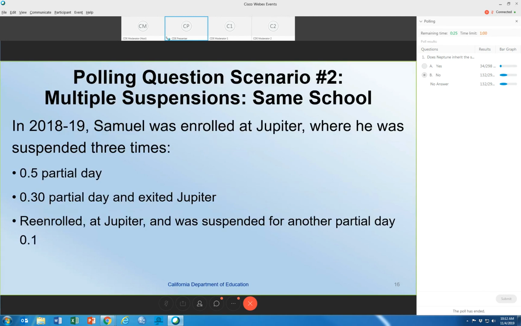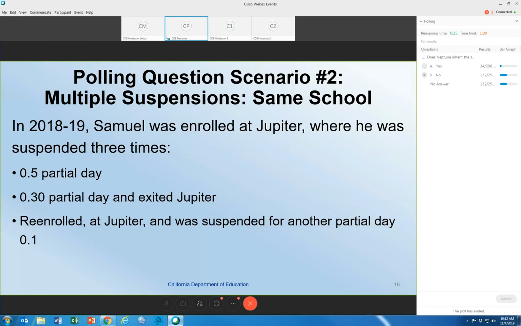So we have another polling question to reflect on the knowledge that we've just gained. Here is our scenario. In 2018-19, Samuel was enrolled at Jupiter, where he was suspended 3 times. He had a 0.5 partial day suspension, a 0.3 partial day suspension, and then he left Jupiter.